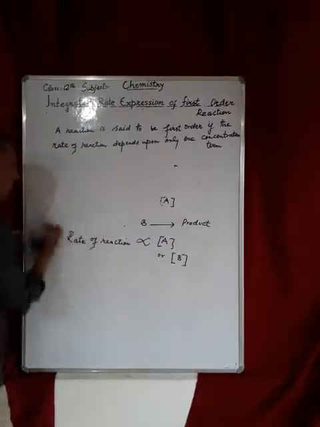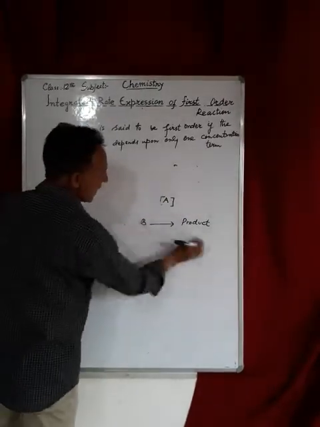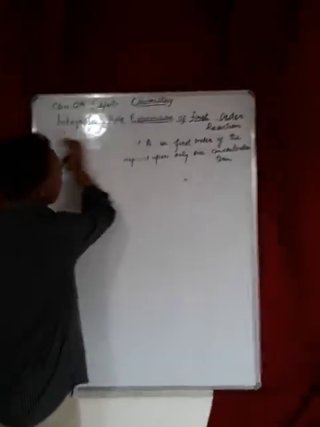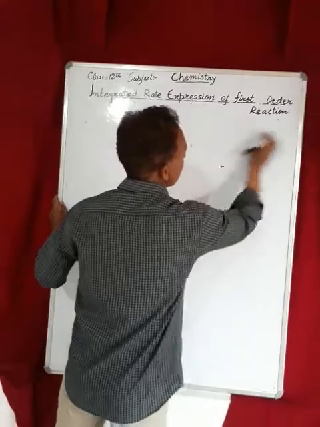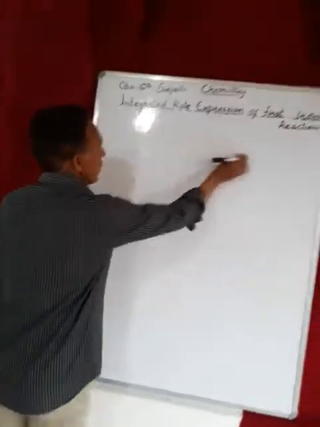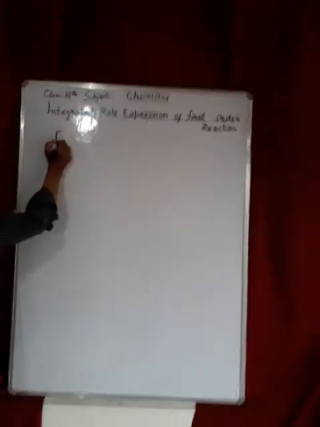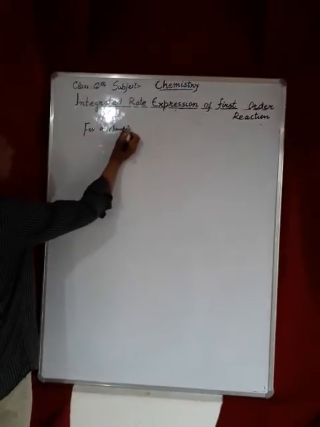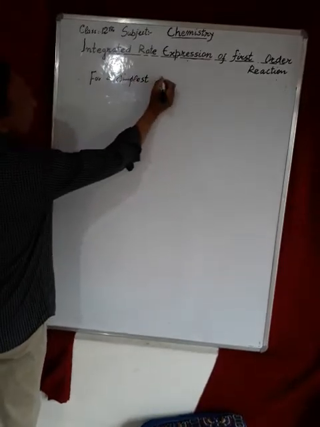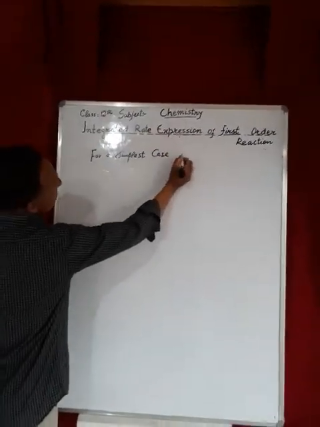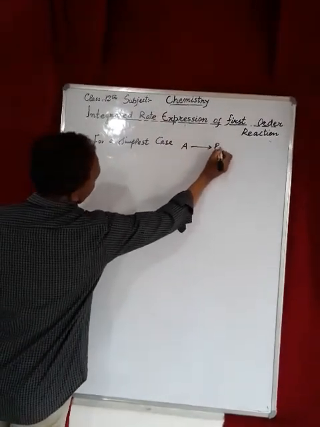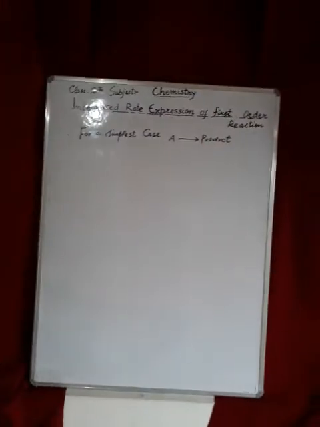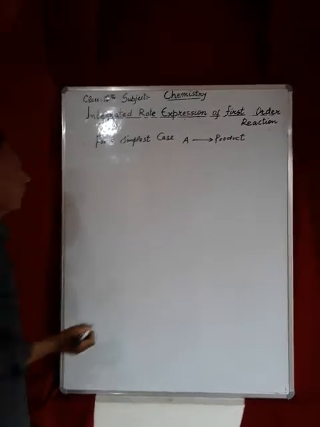So for the simplest case, A gives product, we will derive the rate expression.